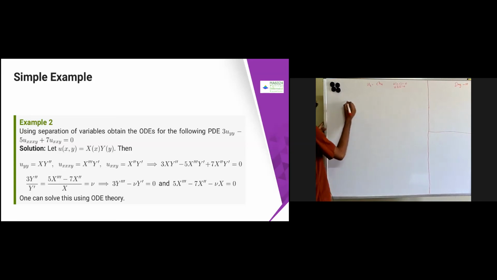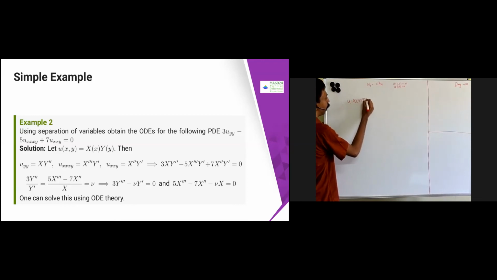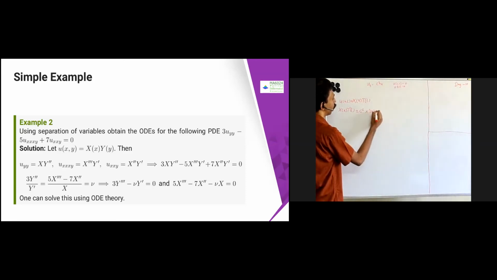So what we need to assume is u equal to X(x) and T(t). This is my u(x, t). I can substitute it over here. So u_t is going to become X(x) into T dash of t, equal to c square into X double dash of x into T of t.